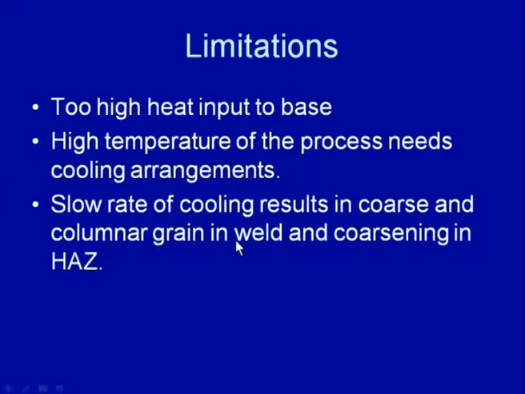So, because of these reasons, the weld joint made by the electroslag welding process must be subjected to the heat treatment normalizing operation, so that the properties of the weld joint can be improved. So, now here we will conclude this presentation.